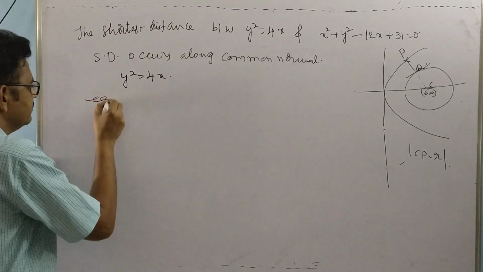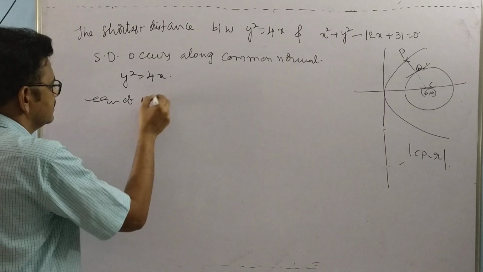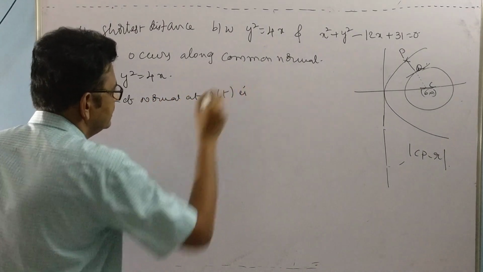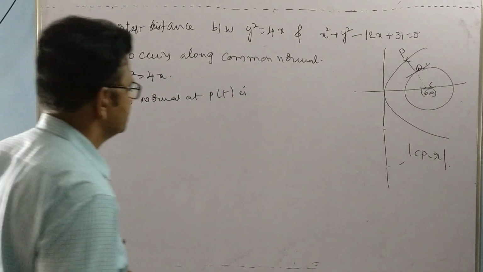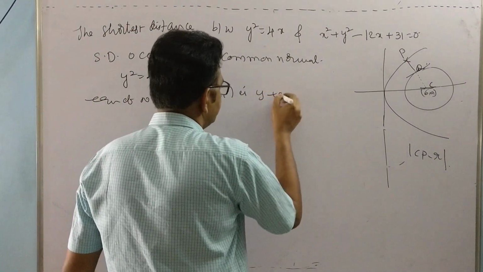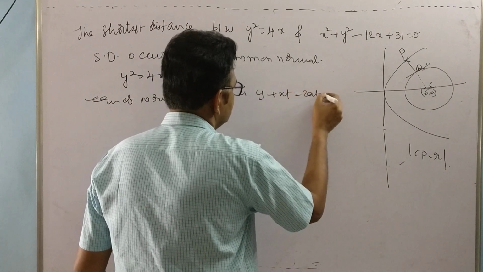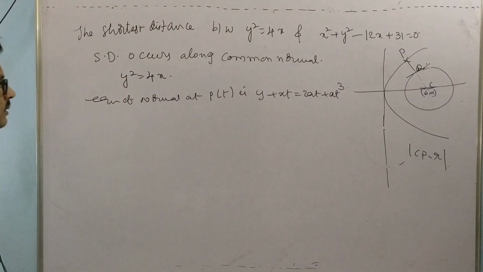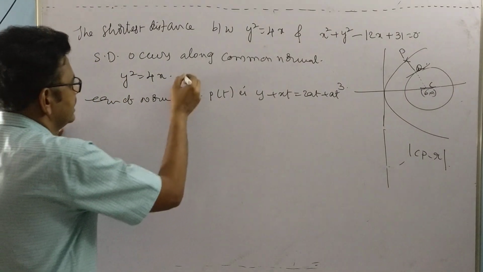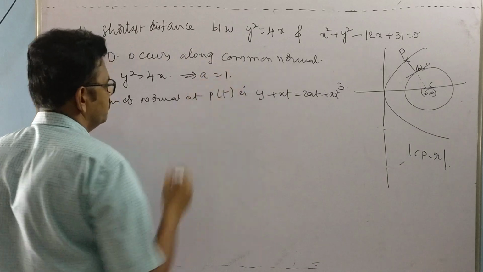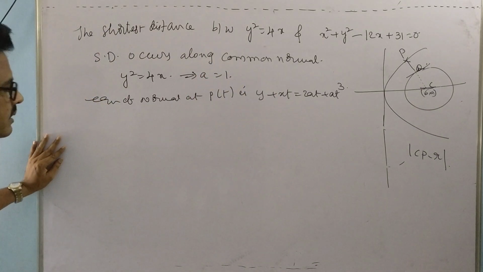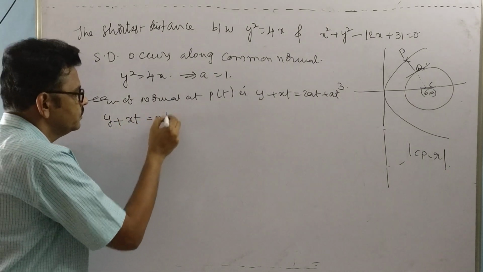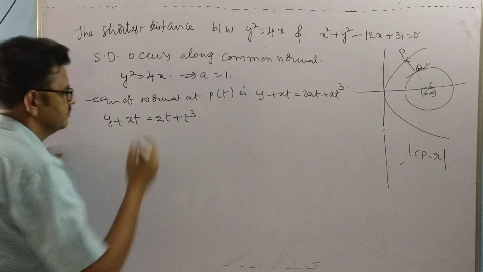Now, the equation of normal at the point P, t, is y plus xt equal to 2at plus at cube. Where a is 1. So y plus xt equals 2t plus t cube.